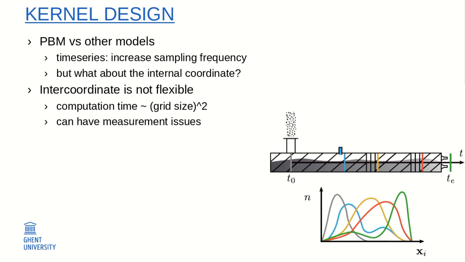If you decrease the size of the bins, you will get a huge increase in measurement noise, which would render all your efforts to increase the power of the model rather useless. Further, it should be noted that computational time more or less increases with the size of the grid squared. So we see that in practice there will almost always be discretization issues baked into the population balance model itself.